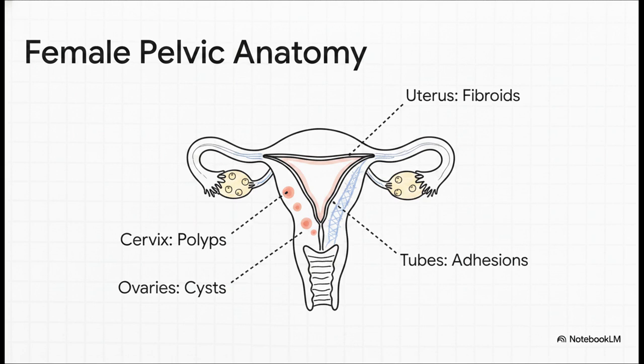Well, that might be blocked by polyps or stenosis. The ovaries can be affected by polycystic ovary syndrome, cysts, or the profound disruption caused by endometriosis. And those incredibly delicate fallopian tubes are highly vulnerable to adhesions or fluid blockages, like a hydrosalpinx. Even the surrounding pelvic peritoneum can host endometriosis or free fluid. So understanding this static anatomy really allows you to visualize exactly what is mechanically impeding a pregnancy.